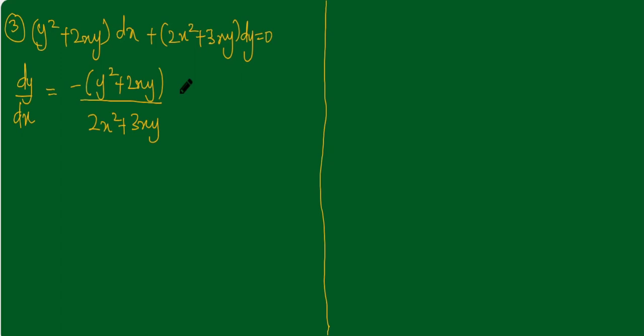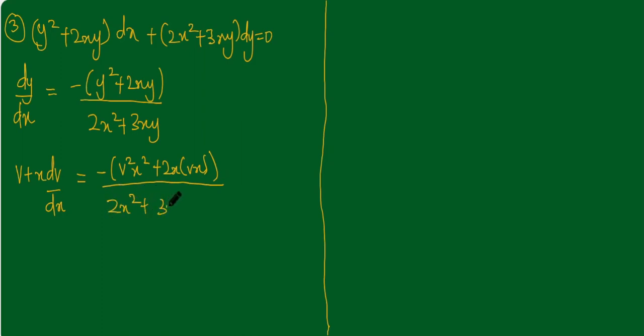So we can substitute our dy dx to be v plus x dv dx. Then on the other side, we substitute y is equal to vx, and we have v squared x squared plus 2x into bracket vx divided by 2x squared plus 3x into bracket vx.